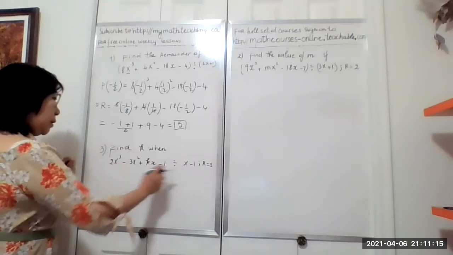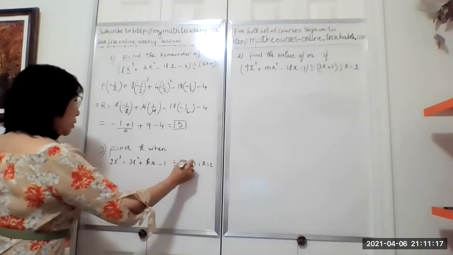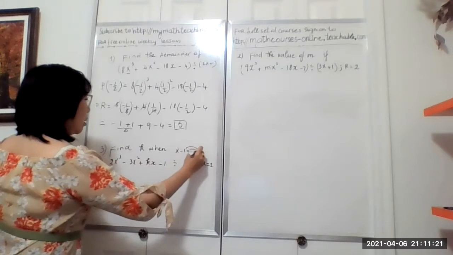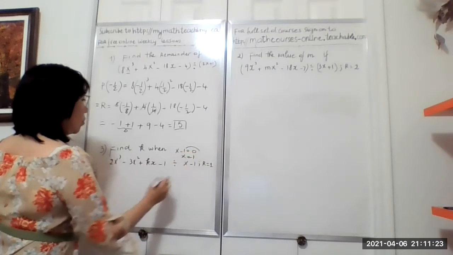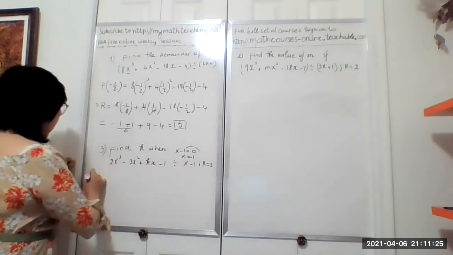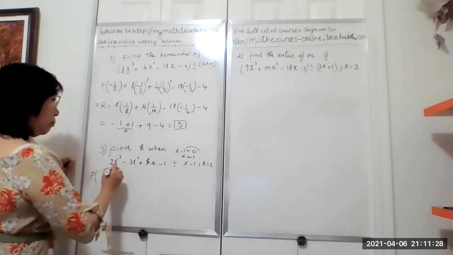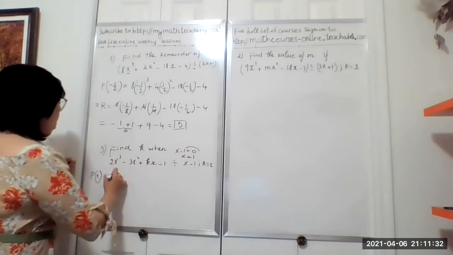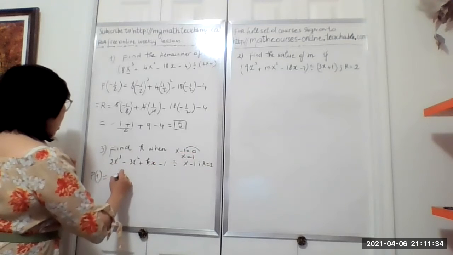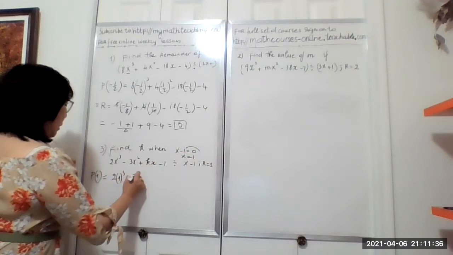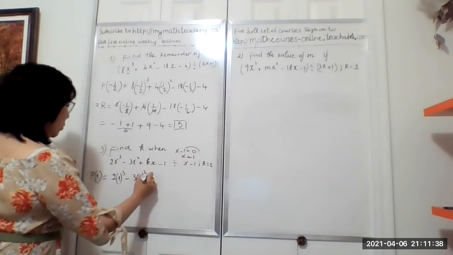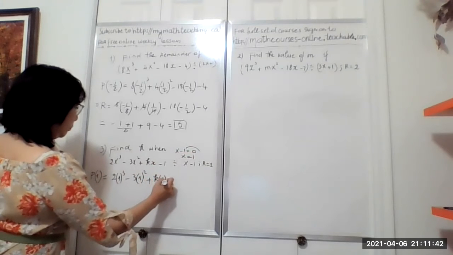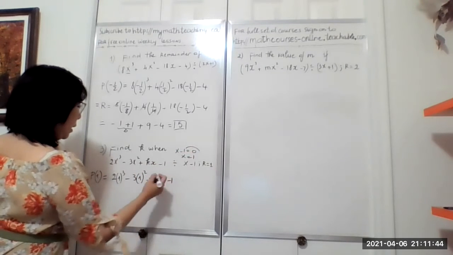So let's use the remainder theorem. Now, if we solve for x here, we set x minus 1 equals 0. Obviously, x equals 1. So let's substitute p of 1 into this expression. p of 1 will be 2 times 1 to the power 3 minus 3 times 1 squared plus k times 1 and minus 1.